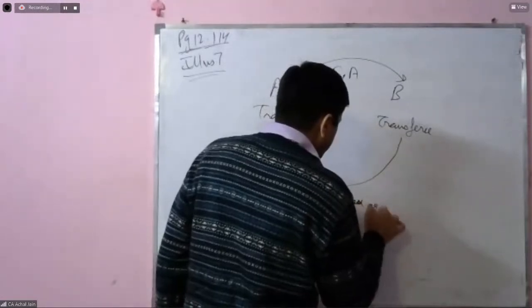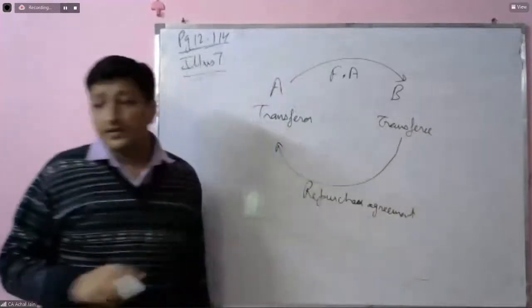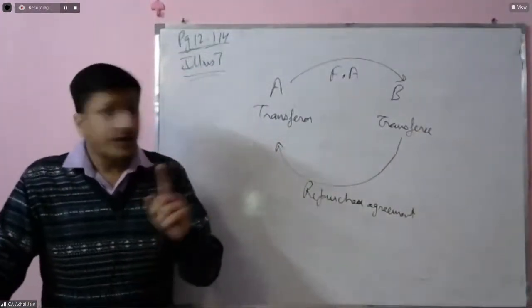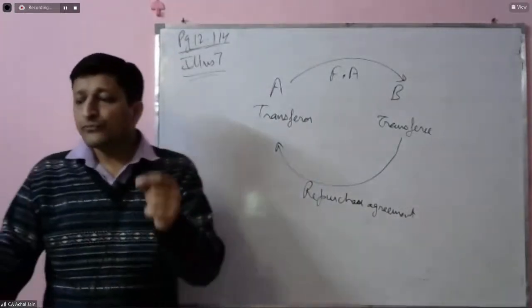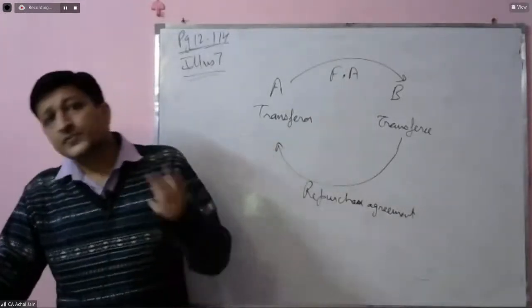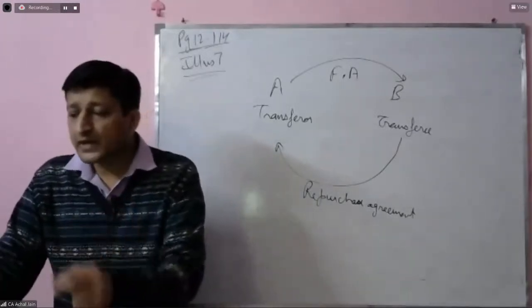Repurchase agreement provides the transferor, who's the transferor? A, only a right of first refusal to purchase the transferred asset at fair value if the transferee subsequently sells it.